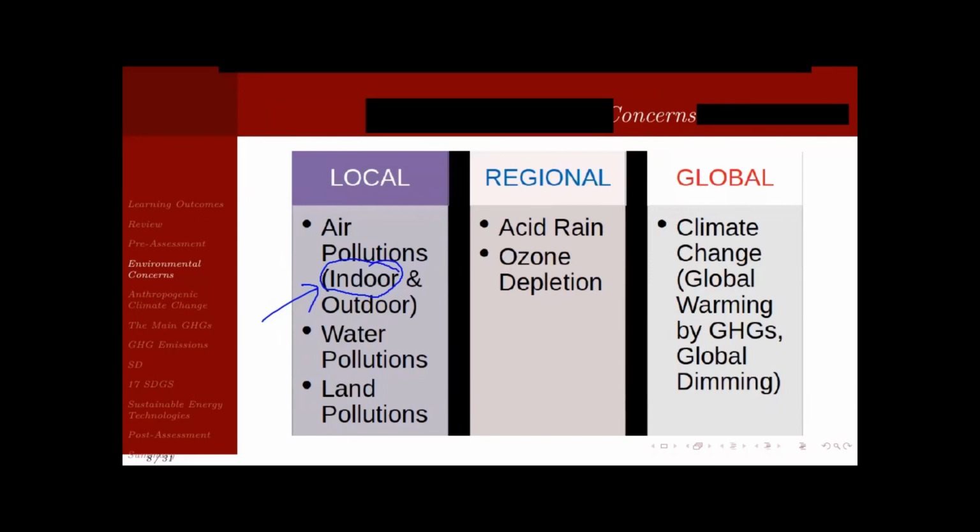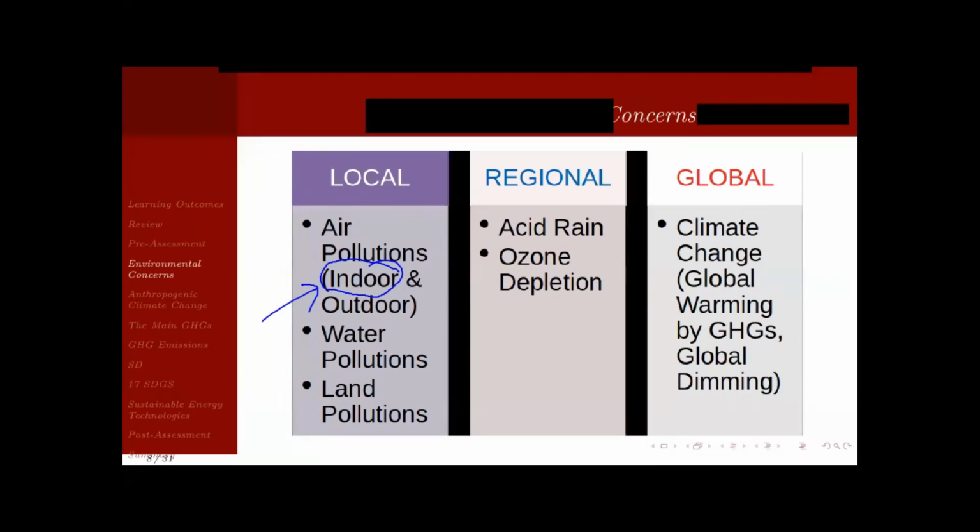They are using those, and when they are cooking inside their rooms, they are going through this indoor air pollution, which can be hazardous. It can ruin their lives, their health. So that is your indoor air pollution.